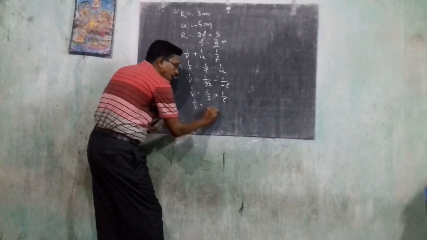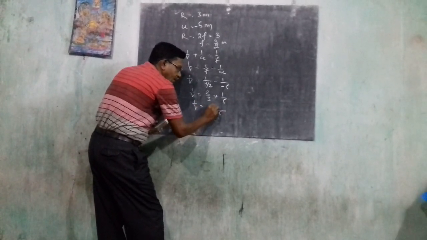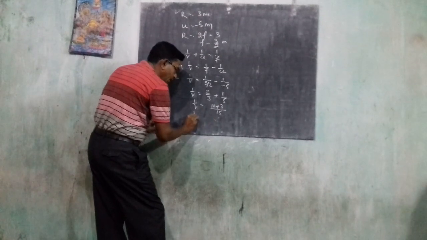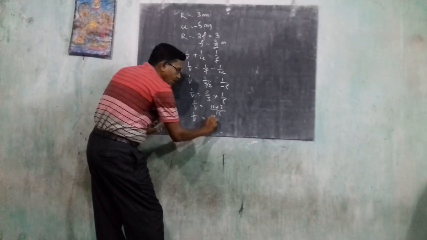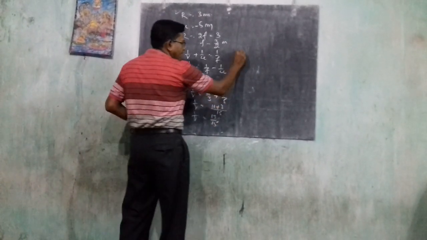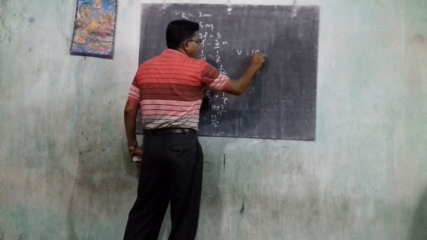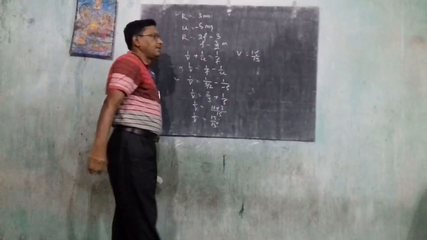Taking the LCM 15, 1 by v equal to 13 by 15, so v equal to 15 by 13.